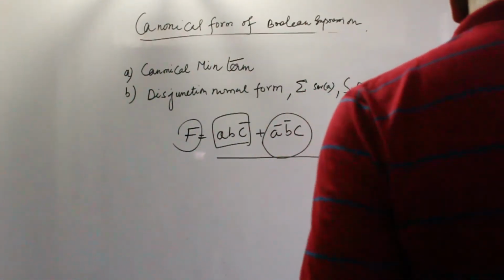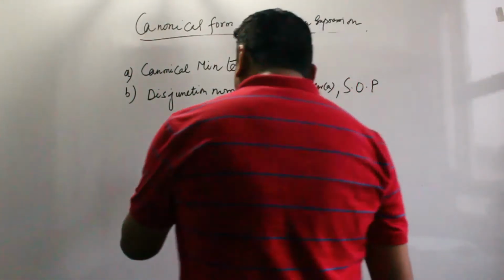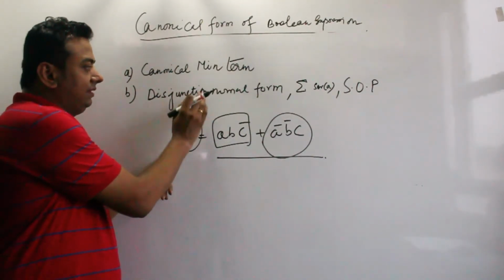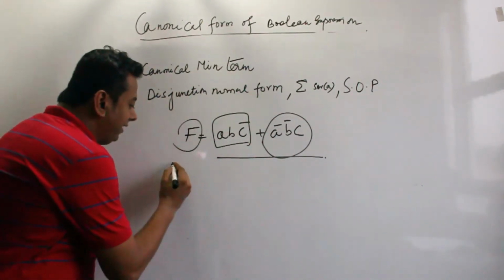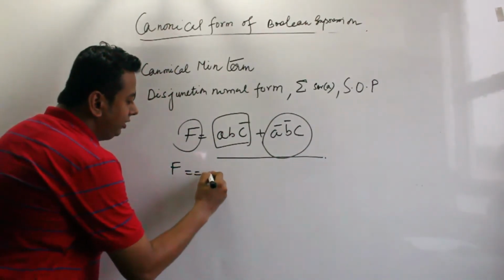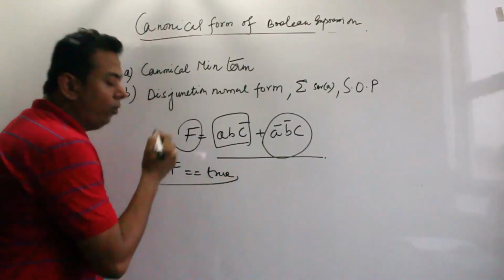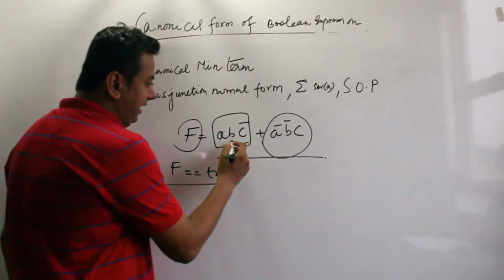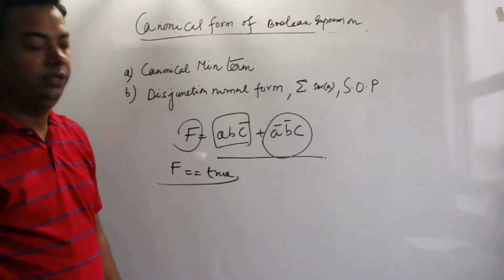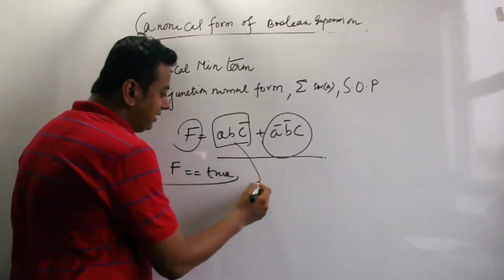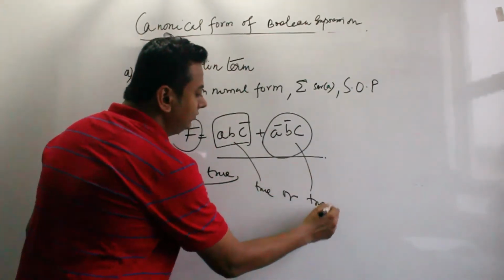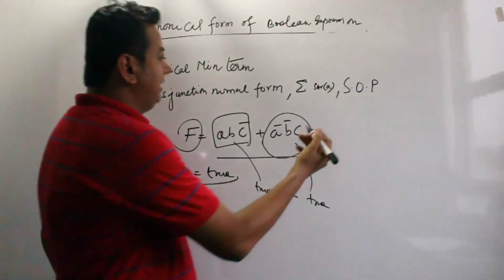Now, disjunctive normal form means this function f will be true only if any of the disjunctive normal form values is true. So it means either this one is true or this one is true. How? Let's see.